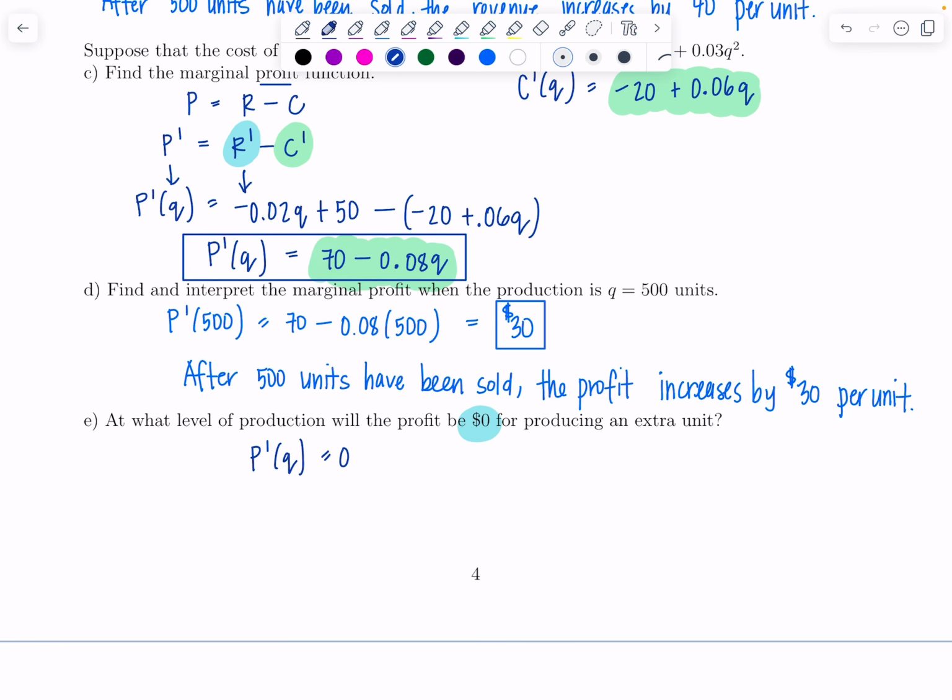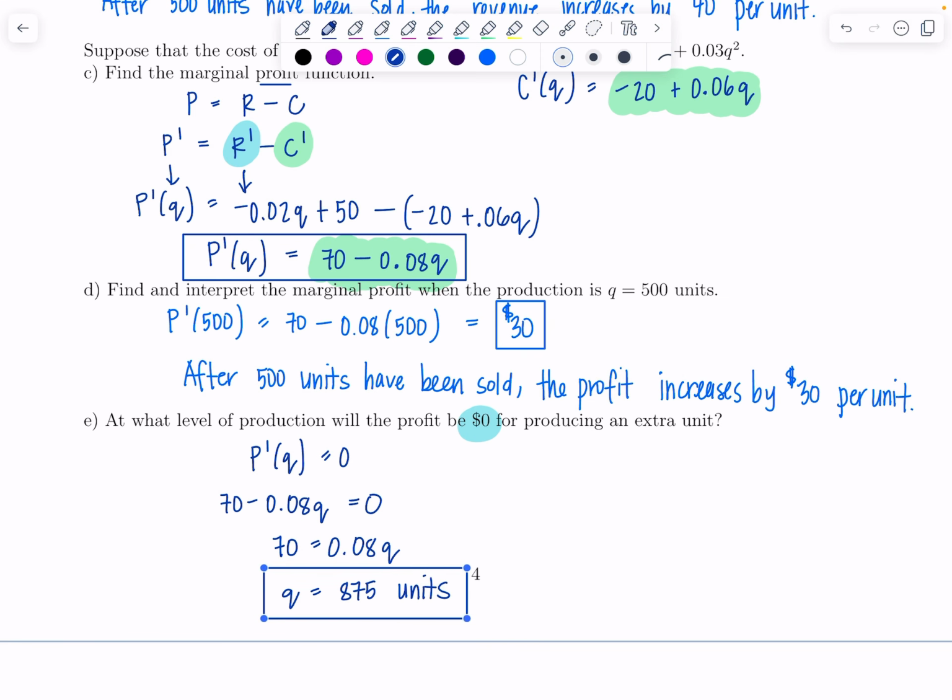Okay, so then we have 70 minus 0.08 Q equals 0. That means 70 equals 0.08 Q. So Q equals 875 units. This is very useful information. That means going from producing 875 to 876 units will not increase your profit.